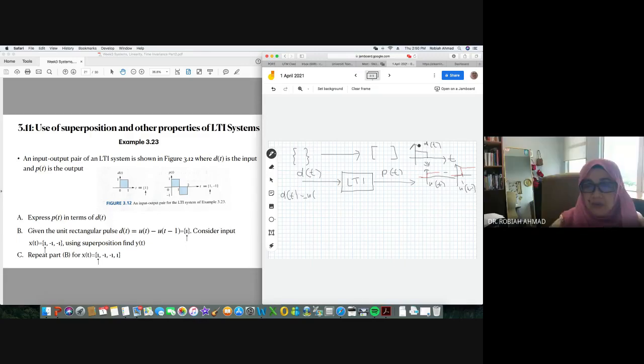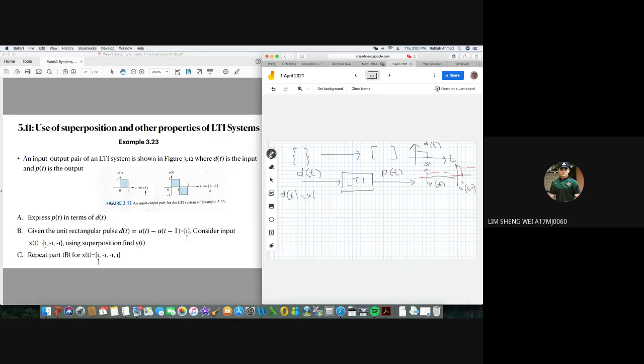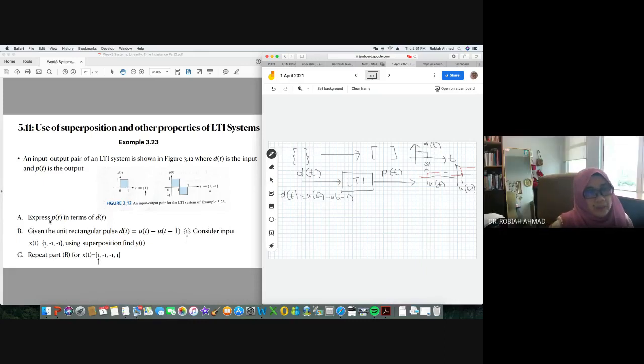Okay, so this is the description of our DT ya. So DT tu adalah UT minus UT minus 1. Okay, now dia suruh kita express PT in terms of DT.